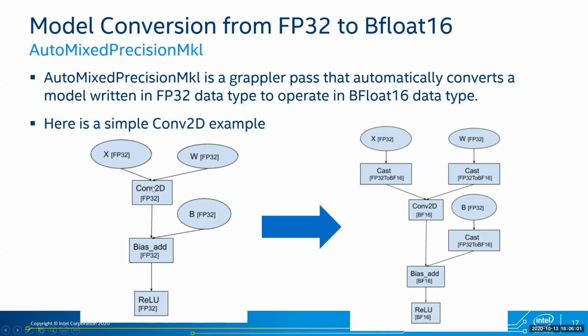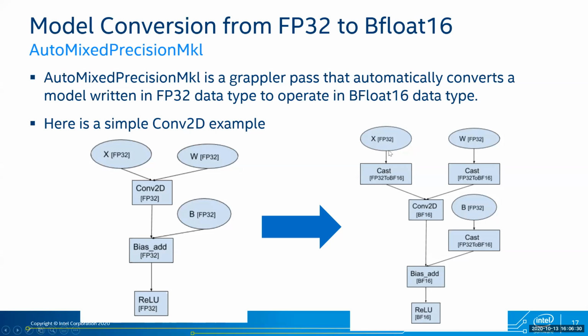And the operations, convolution 2D, bias add, and ReLU, also operate in FP32. With auto mixed precision MKL, TensorFlow will help you convert the data type to BF16, and then use the BF16 operations to do the calculation.